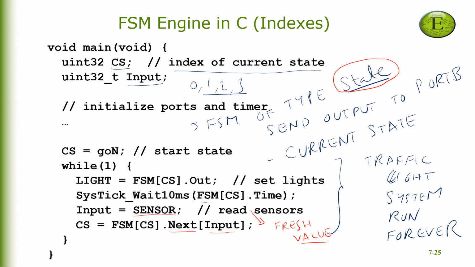Depending upon the value of the input, be it 0, 1, 2 or 3, next[input] is going to tell us the next state. So CS has been set equal to the next state, depending upon the current state and the input, once we have waited for the specified amount of time.